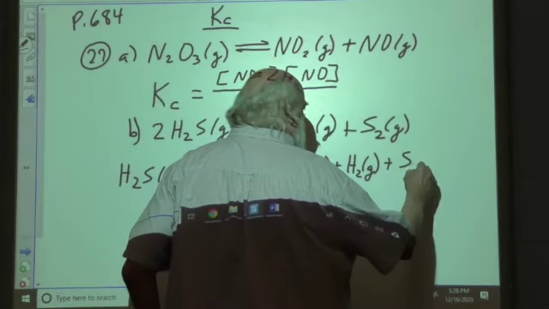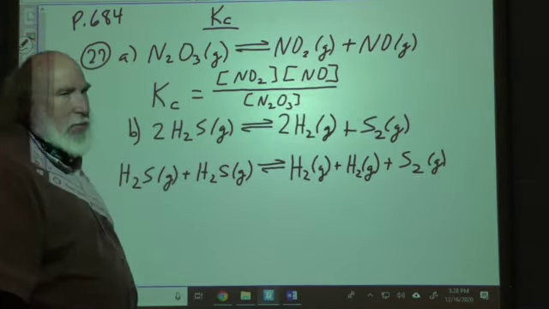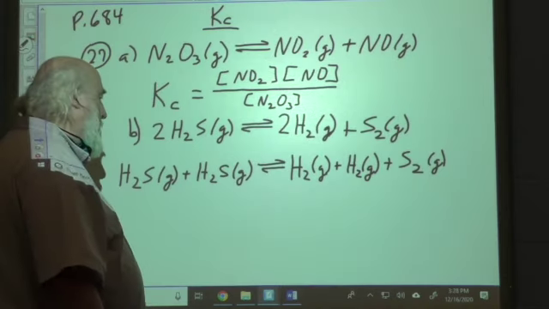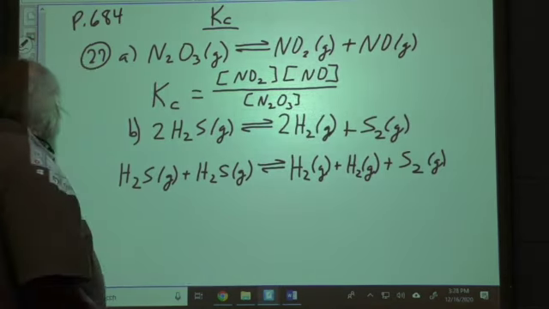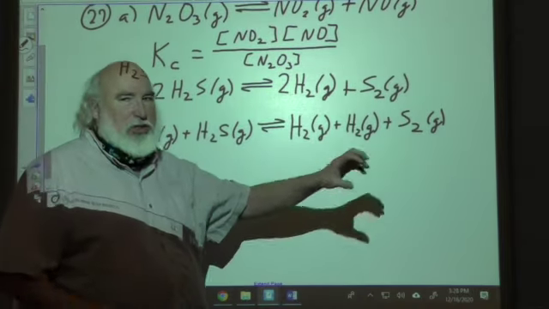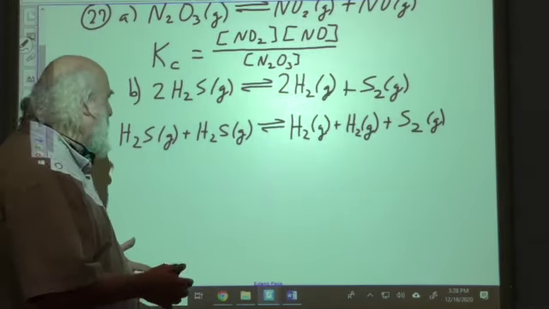But this is S2 gas. And as you see, it's gaseous sulfur, and that's commonly how we find sulfur in diatomic form. Now, the reason why I'm doing this will become evident here. And you won't have to write this out. This is showing you why things fall into play the way they do.